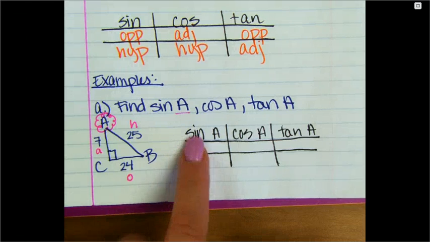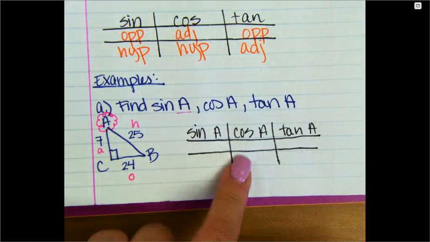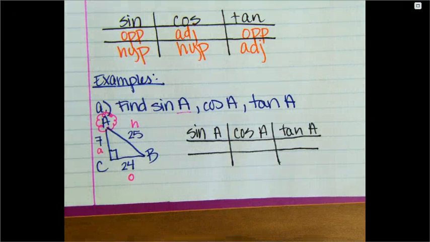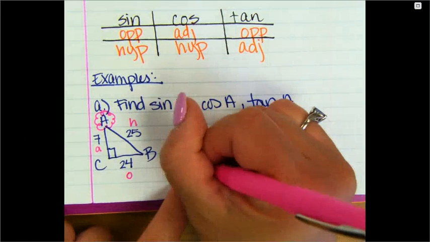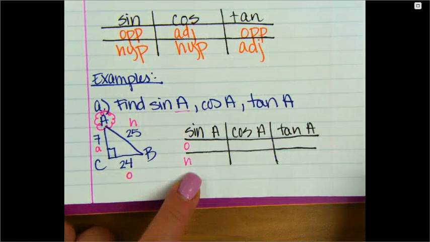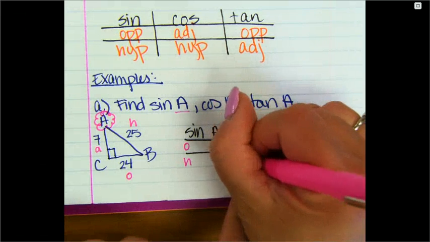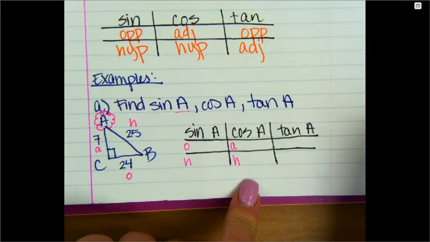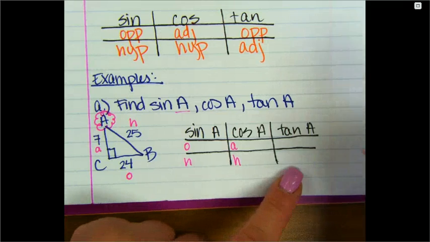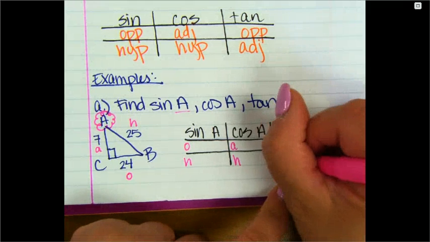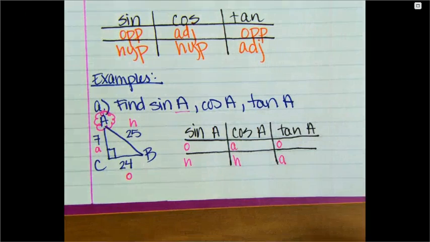All right, so right here, we need to fill in this into here, but I'm going to show you how to do that. So I always do this piece, okay? So I always expect this piece. Sine is opposite over hypotenuse. Cosine is what? Adjacent over hypotenuse. Tangent is opposite over adjacent.